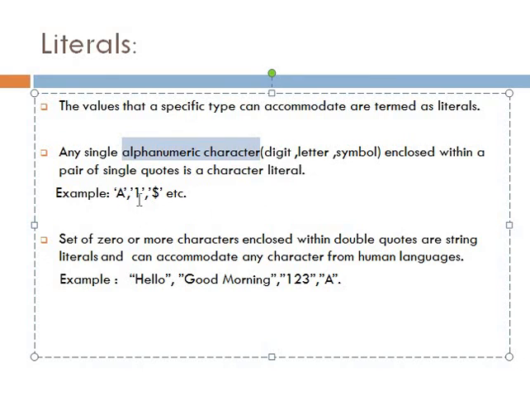Again, if you enclose the digit 1 within single quote, then it also becomes an alphanumeric character, as this digit 1 enclosed within a single quote is a character which is of type digit. Then come here, this symbol $, when enclosed within single quote, also becomes an alphanumeric character, and it's of the type symbol.